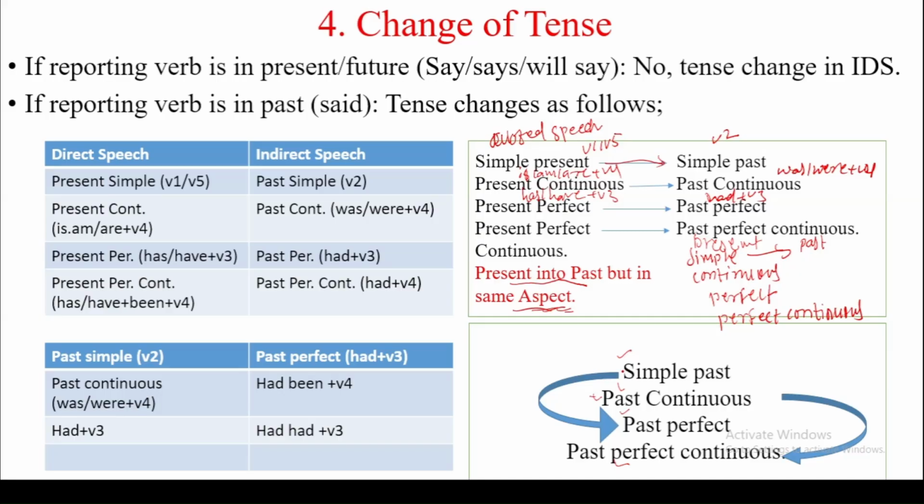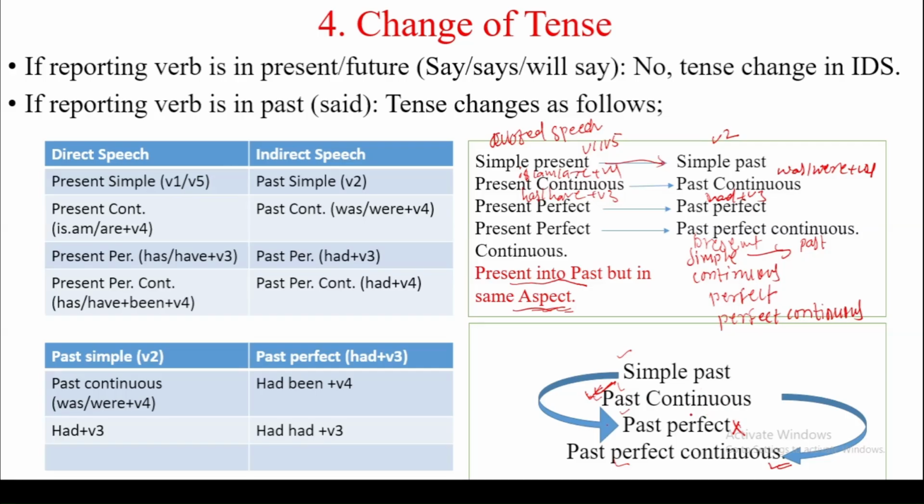Means simple past is changed into past perfect. Means one aspect is missed. We leave one aspect and change to another. Similarly, if there is past continuous, we leave past perfect and we go to another. Means past continuous. So this is the trick regarding past tense.